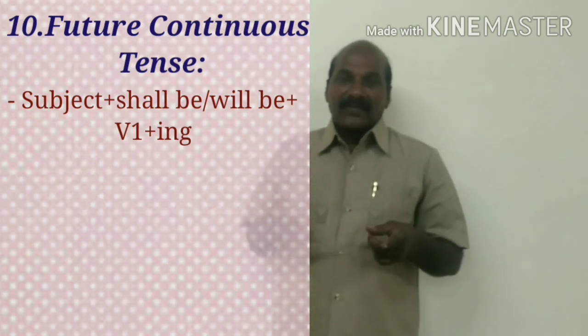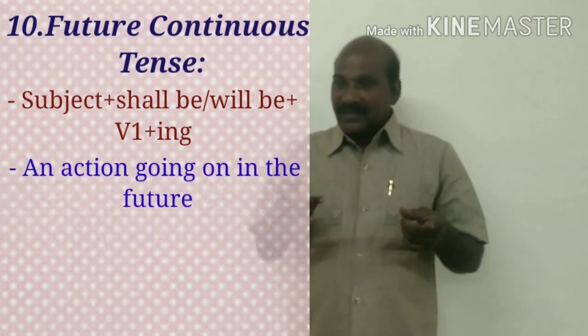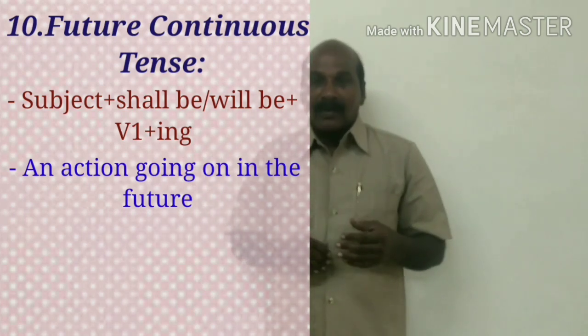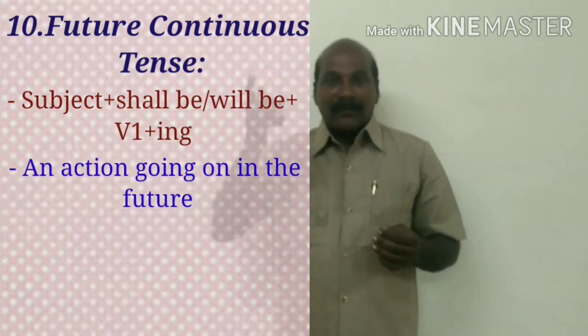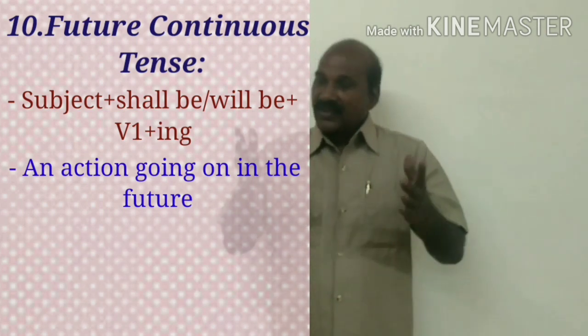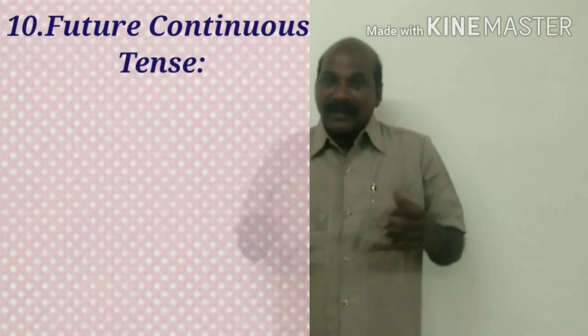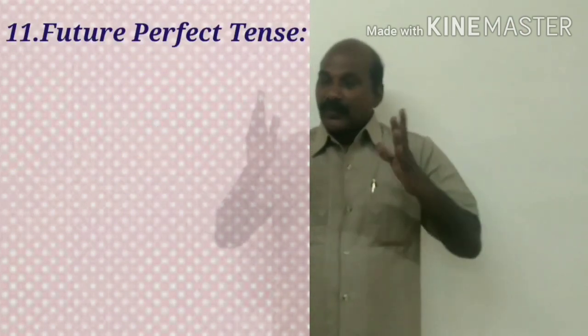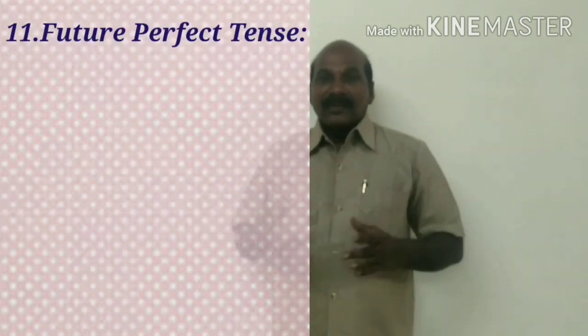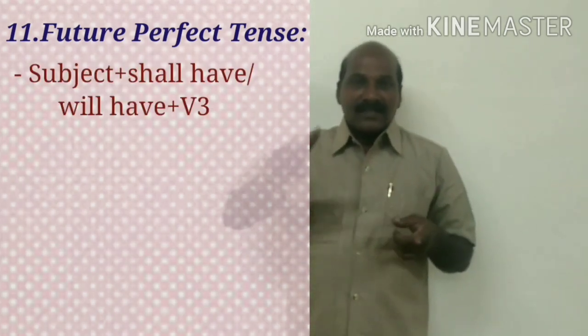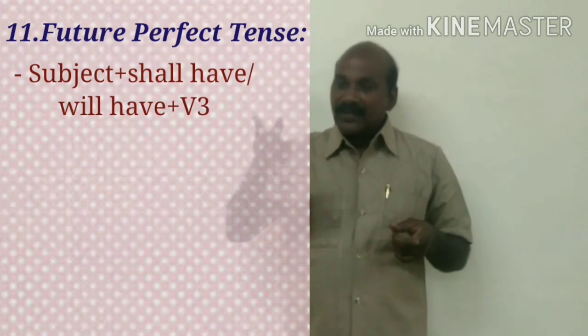We use this tense to indicate an action going on in the future. For example, I shall be preparing for the examinations next year. My mother will be waiting for me. Like that. And the next tense, future perfect tense. The basic formula for this tense is subject plus shall have or will have plus V3.